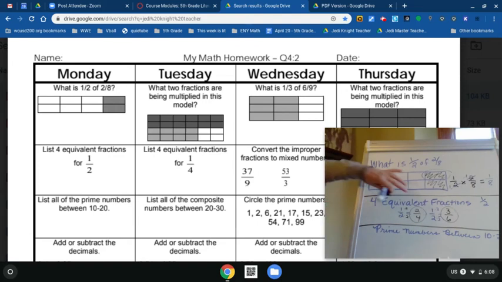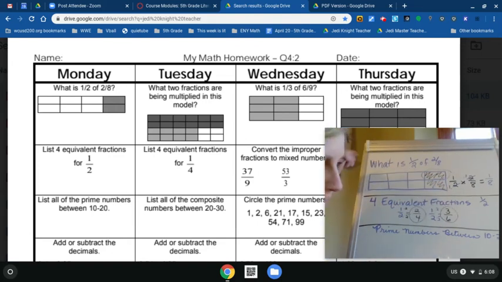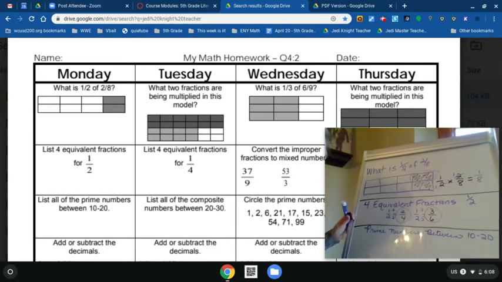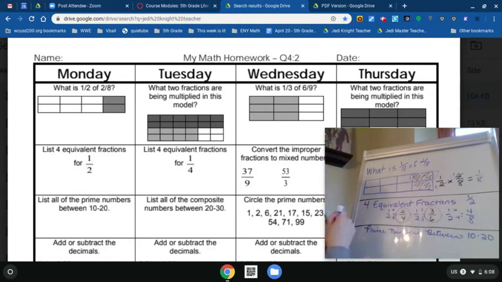So 1/2 of a pizza is the same as cutting the pizza into 6s and giving someone 3 pieces of it. And 1/2 times 4/4 equals 4/8. 1/2 and 4/8 are the same. They are equivalent. And so are these guys: 2/4, 3/6, 4/8, they're all equivalent to each other.